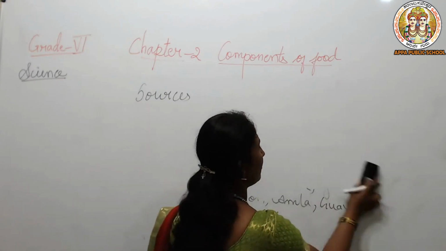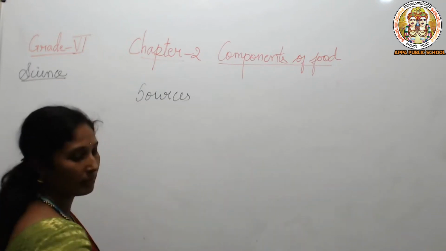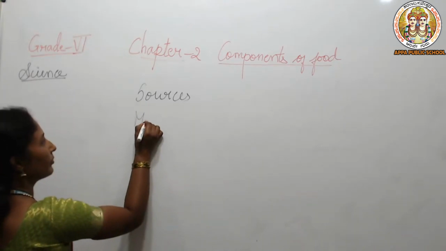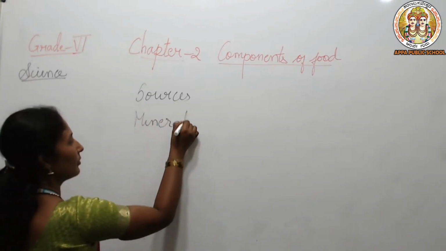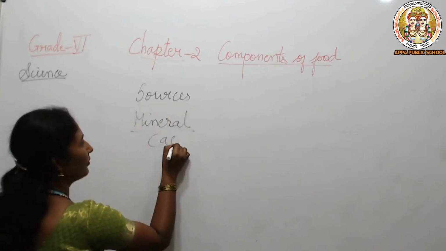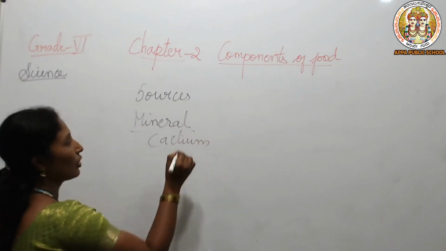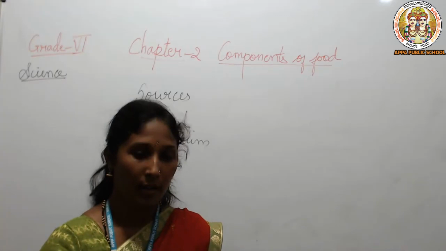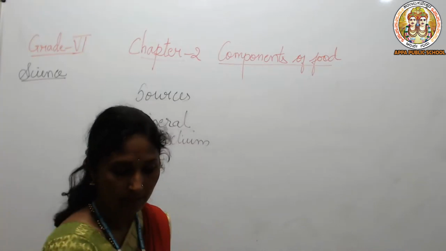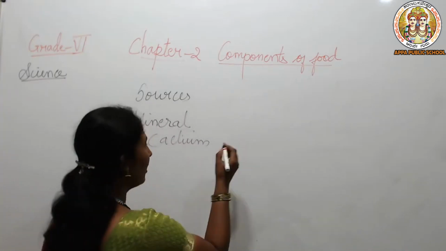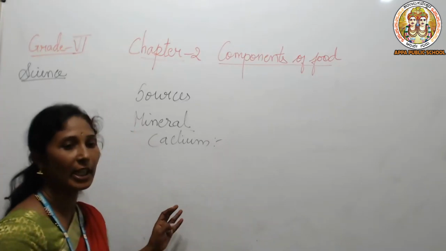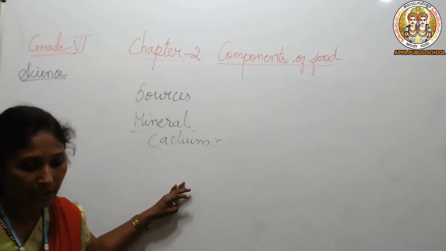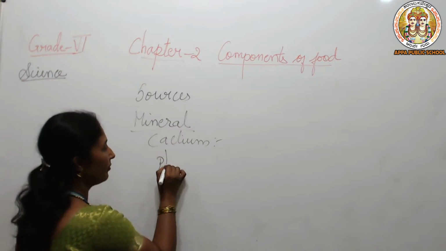Minerals. Calcium. So calcium we will get from vegetables. From the green vegetables we'll get calcium and phosphorus.